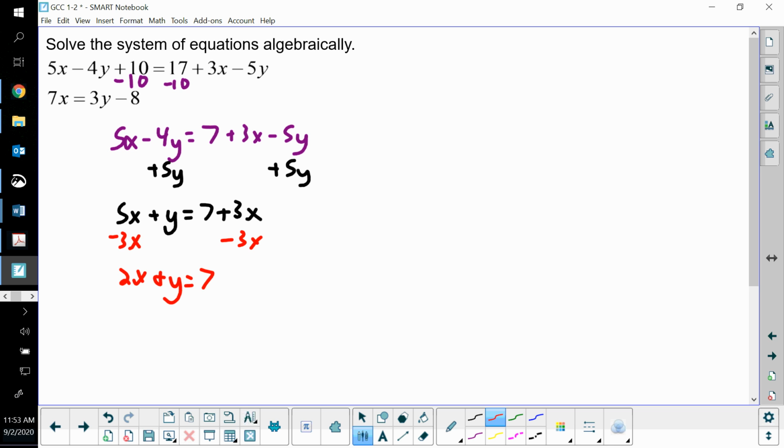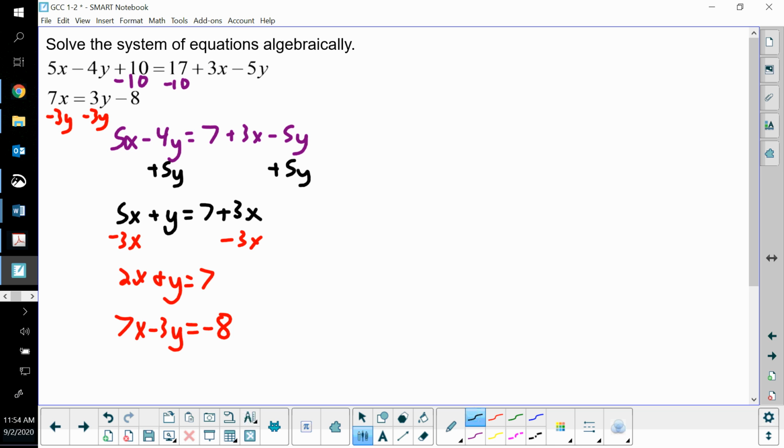Well, in the other equation, all we need to do is subtract the 3y over. So that would give us 7x minus 3y equals -8. So now in this one, there's probably a clear variable that's easier to match up, and it's probably the y.